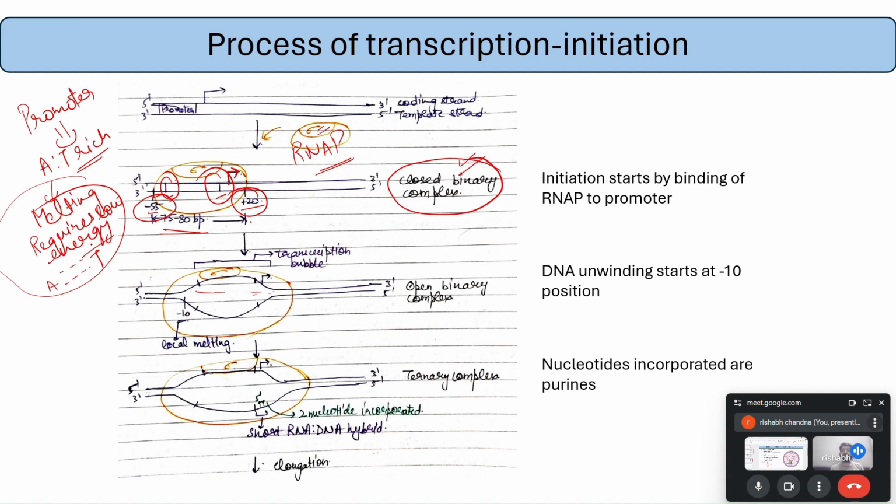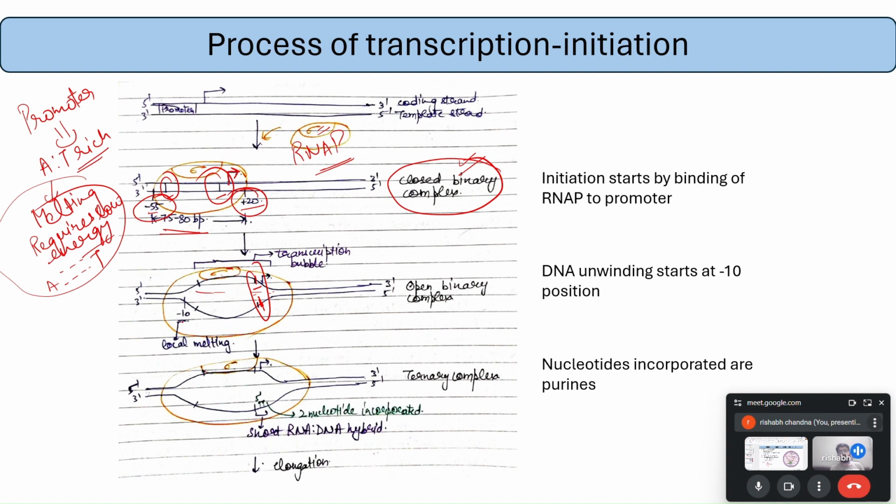Okay, so hence all the promoter regions, or the regions where the melting needs to be done very frequently or started, those are AT rich regions. Okay, and so this creates a tension at the -10 region, and it leads to the melting of that particular region, forming the open complex, or the transcription bubble.